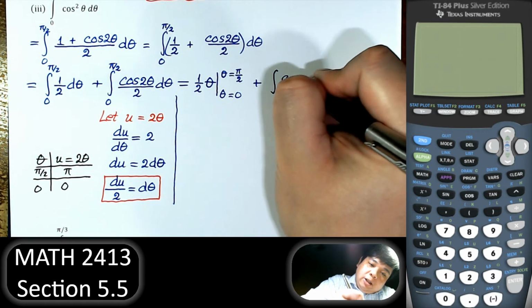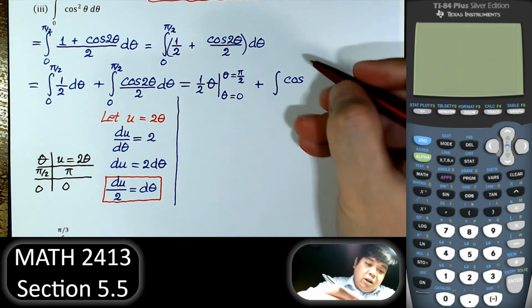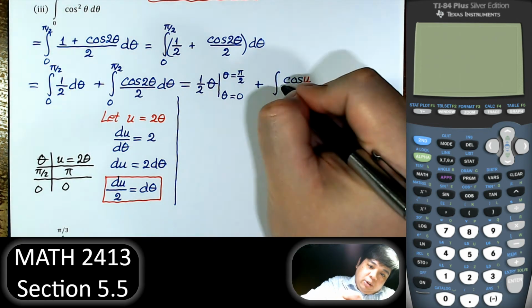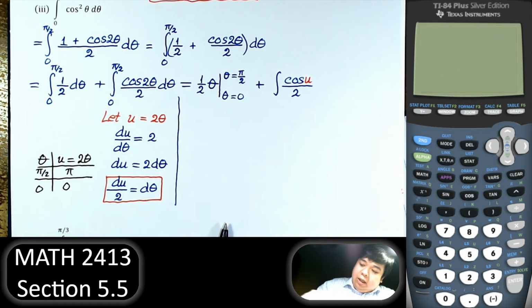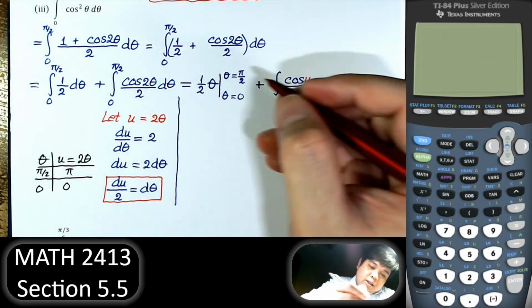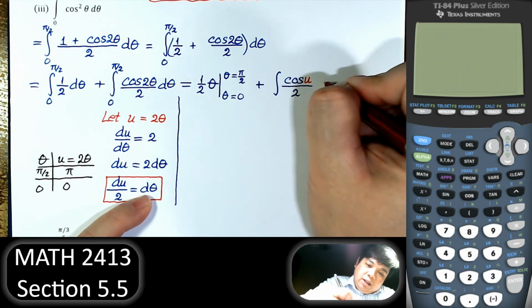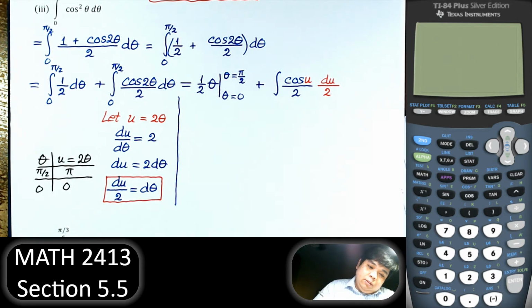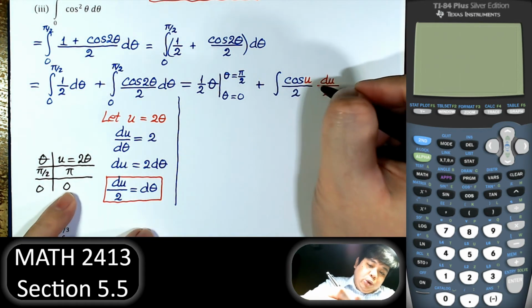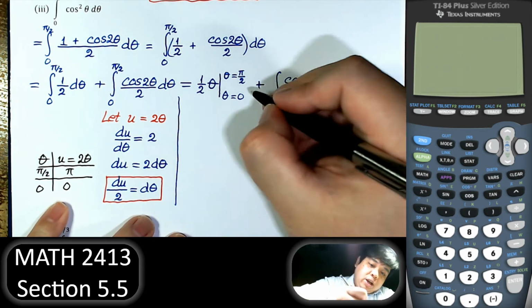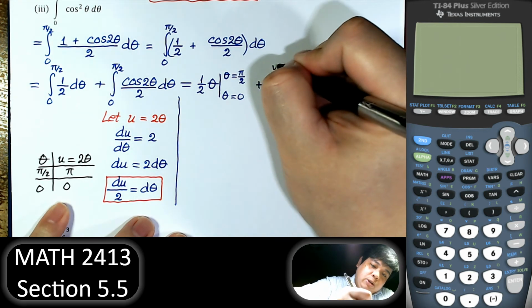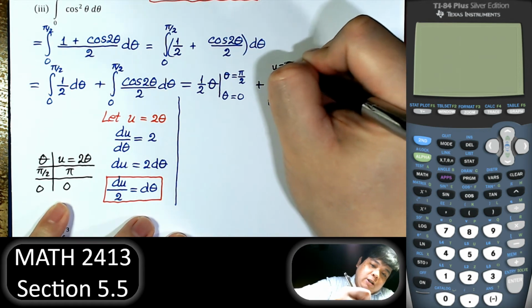Cosine of 2 theta, which is u, divided by 2, d theta is du over 2. Now we no longer have limits for theta, but we have u equal to 0 to u equal to pi.